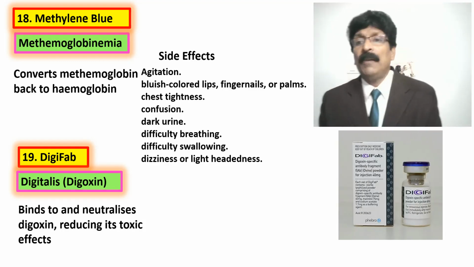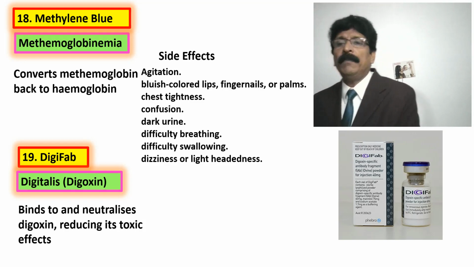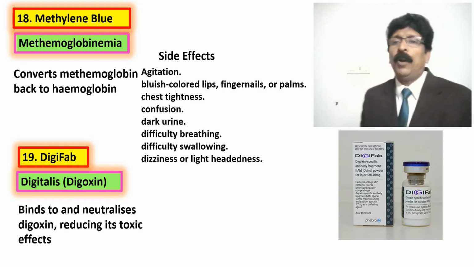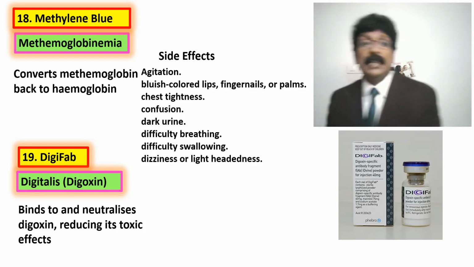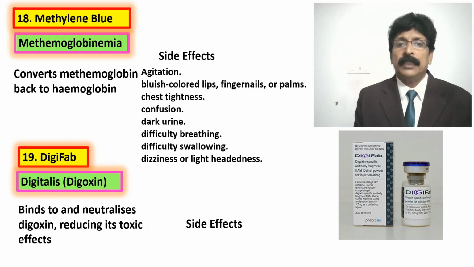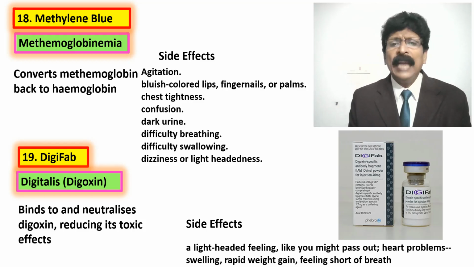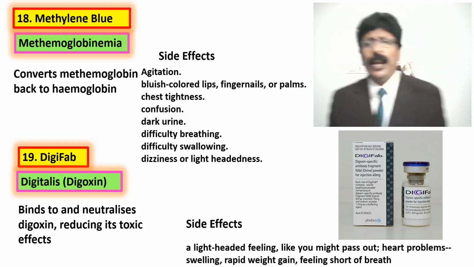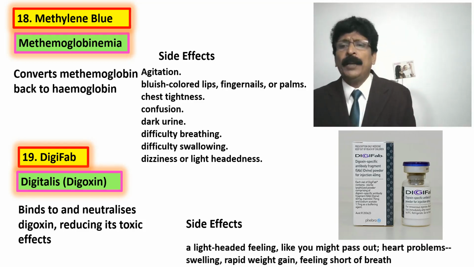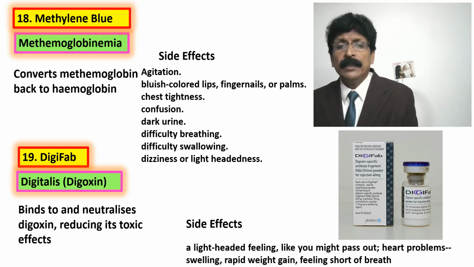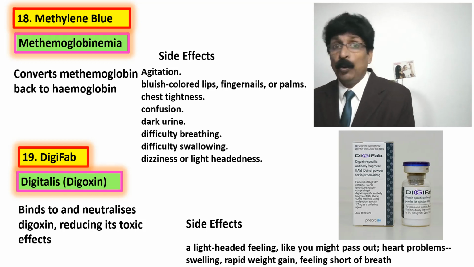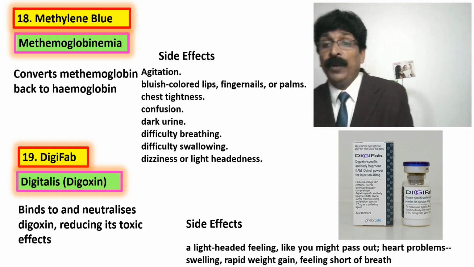DigiFab is an available specific antibody fragment prepared as an injection, which can neutralize and reduce the toxic effect. Side effects: a lightheaded feeling like you might pass out, heart problems, swelling, rapid weight gain, feeling short of breath.